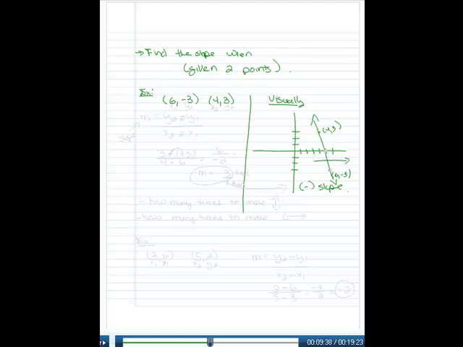Okay? Now let's use a formula to prove that. Because I also want to know how much did y change and how much did x change. There's a formula, and this formula stays the same forever. M equals y2 minus y1 divided by x2 minus x1. Now, the M stands for the slope.